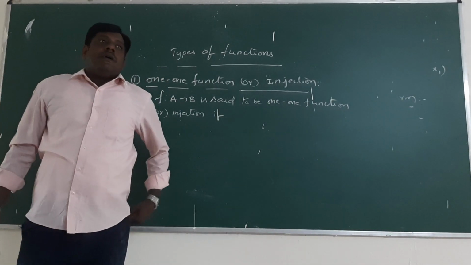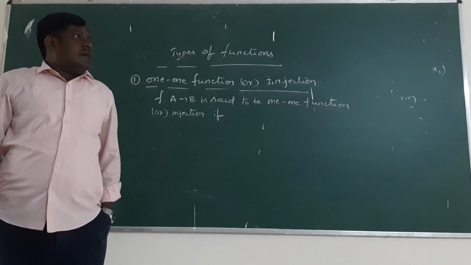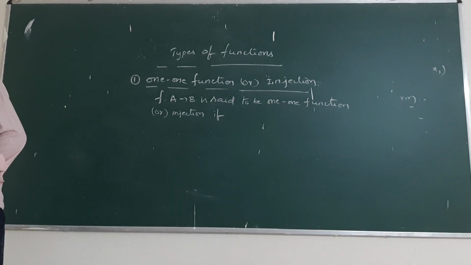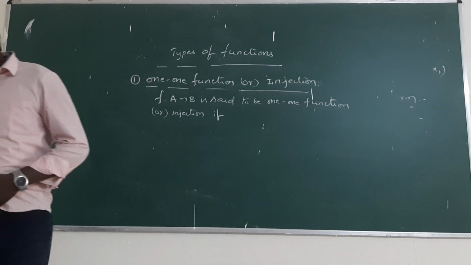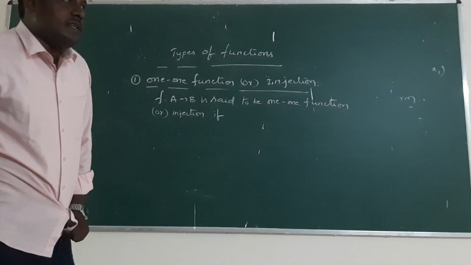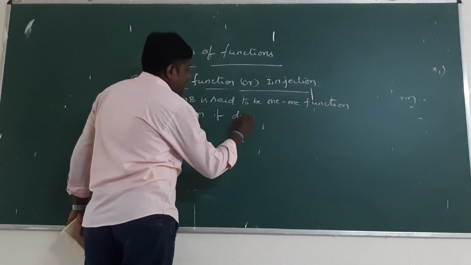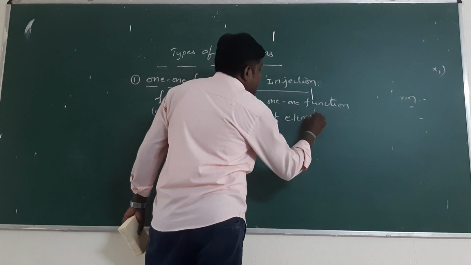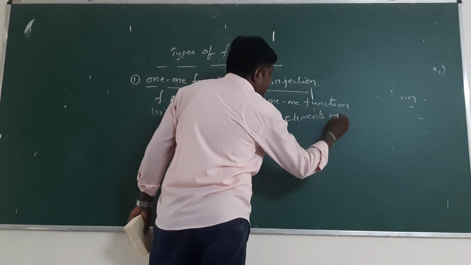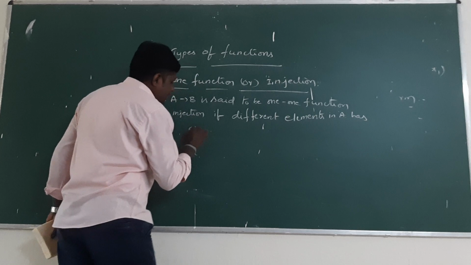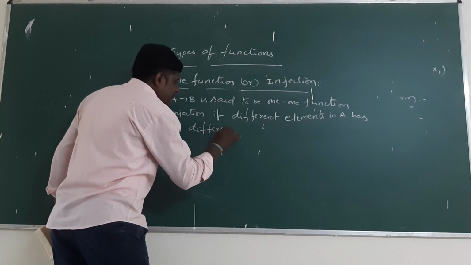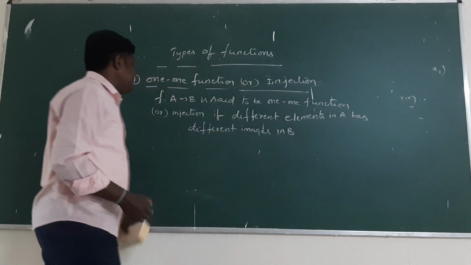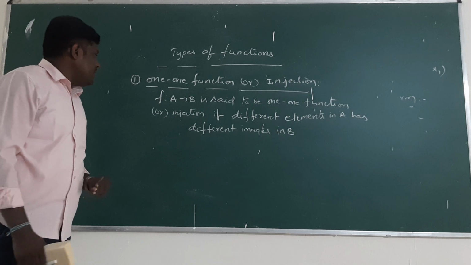If different elements in A have different images in B, then the function f from A to B is called one-one function or injection.